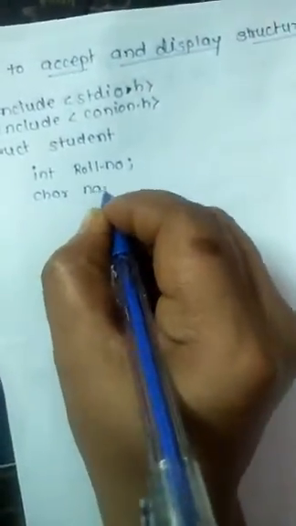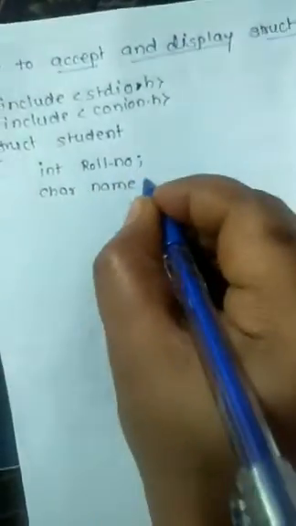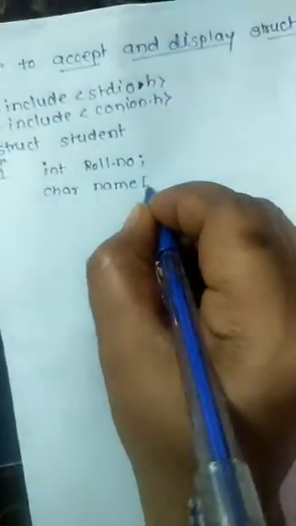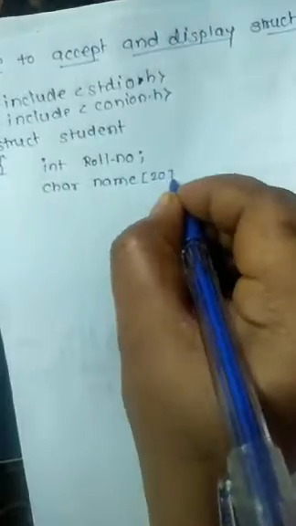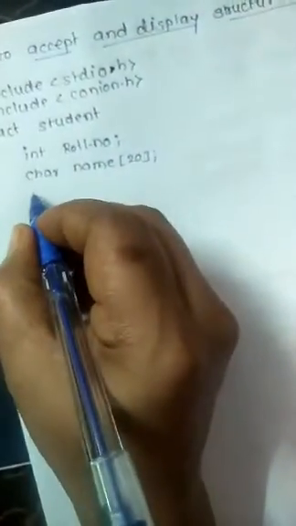Then character name is not a single character, so I have a character array, so I declare a string here. Then I have the marks of 3 subjects, M1, M2 and M3. These are my integer type data.